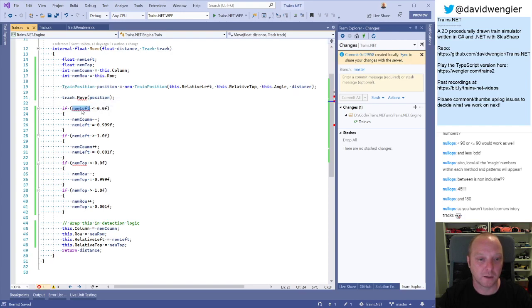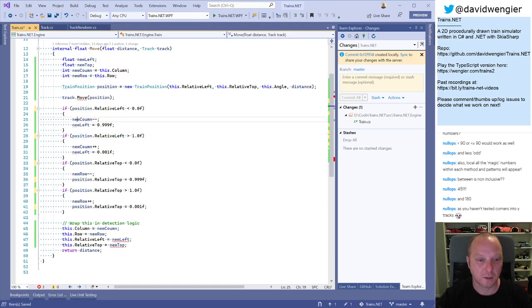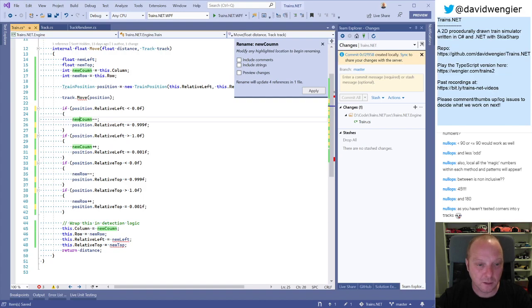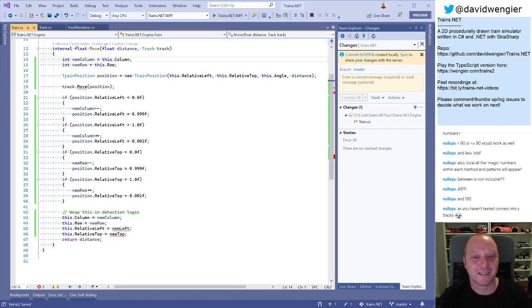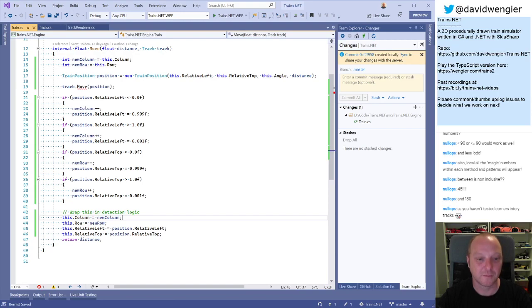And then, yeah, we just read off these things. Up, top, top. Left, left. Column. That, and left, and top. Nice.